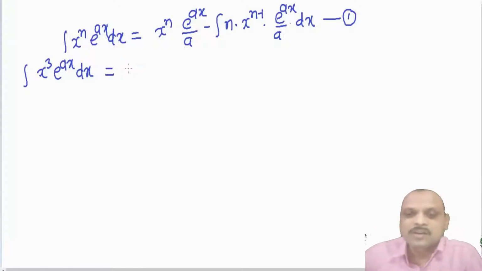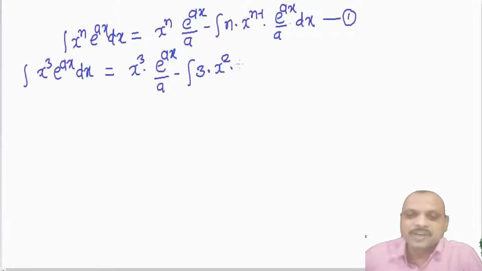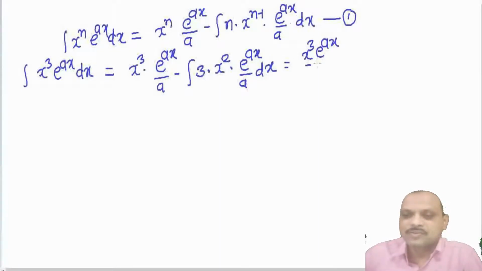Okay, so this is equal to x cube into the integration of e raised to ax divided by a, minus the integration of the derivative of the first, 3 into x square, into e raised to ax divided by a into dx, equal to x cube e raised to ax divided by a minus 3.